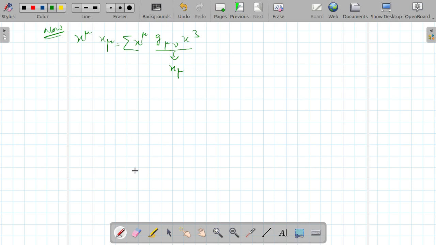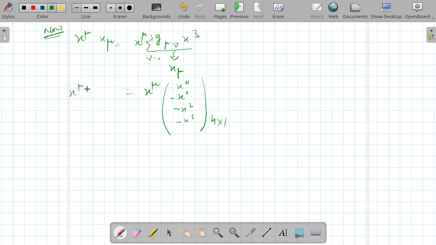So I can express it by making use of summation here also. Mu varies from 0 to 3, and this part, as we know from equation number 5, is x naught, x1, minus x2, minus x3. So it is a matrix of 4 by 1 order.